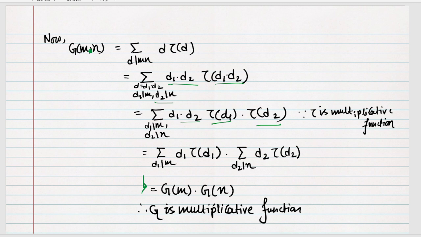So till now we have proved that f and g are both multiplicative functions. Now we have to write it in the form of p raised to the power alpha.